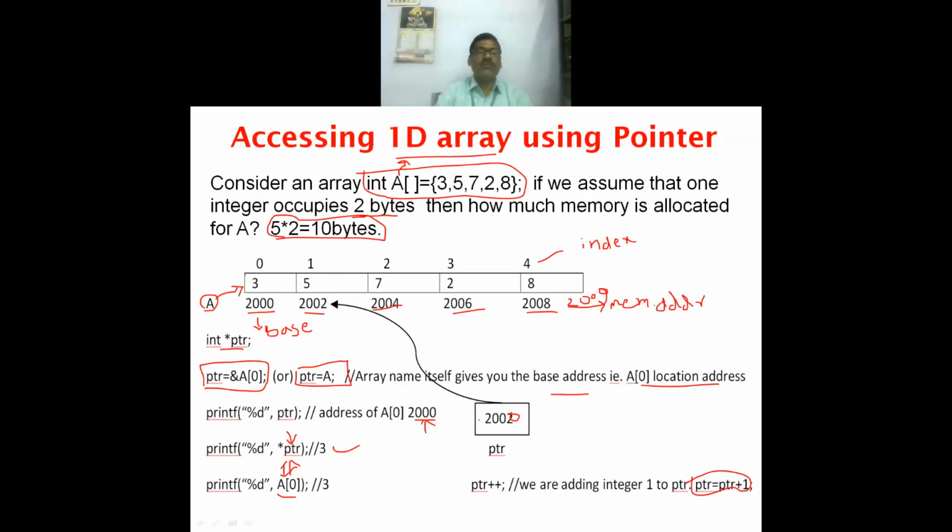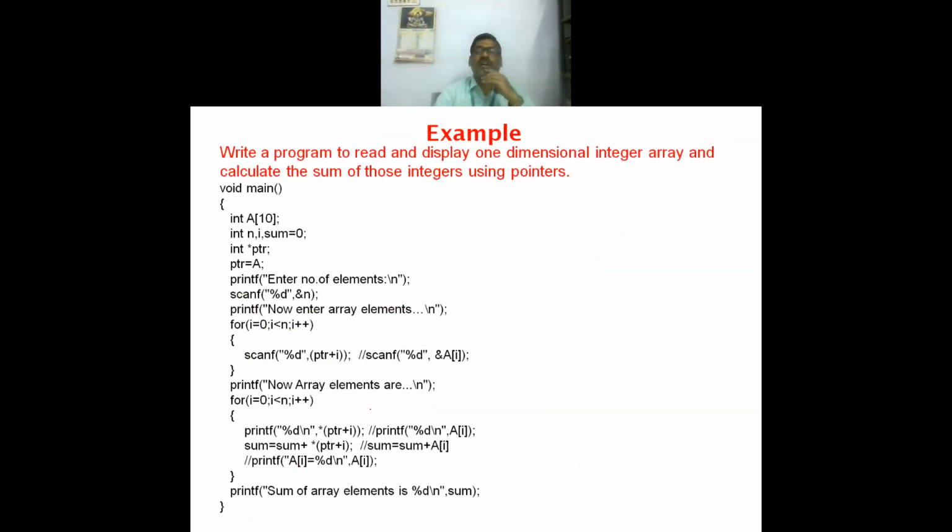What it does is that now ptr is going to move to the next location. That is, the address stored in this ptr now becomes 2002. So the pointer is moving forward one location, one index forward in this array. Fine. So this is how we can use the concept of pointer forwarding to access individual values from the array.